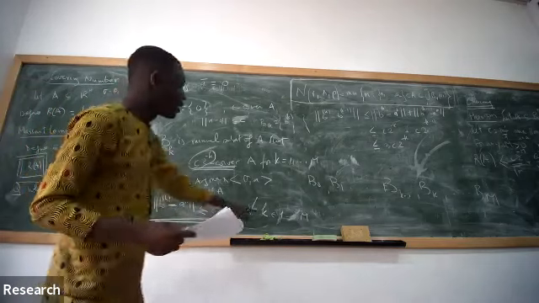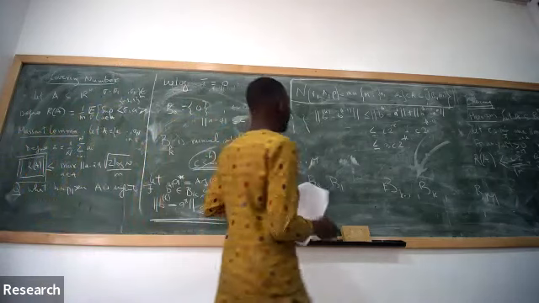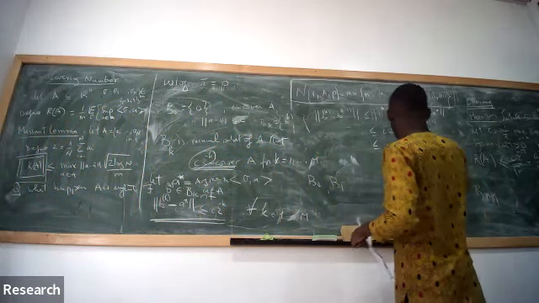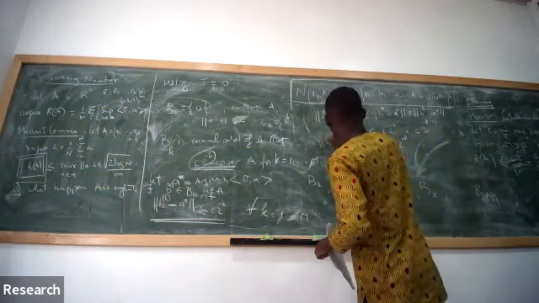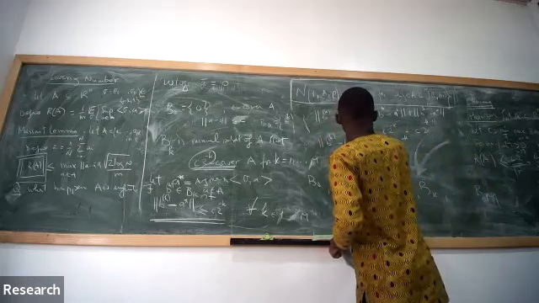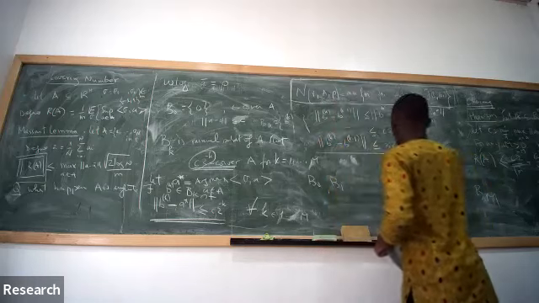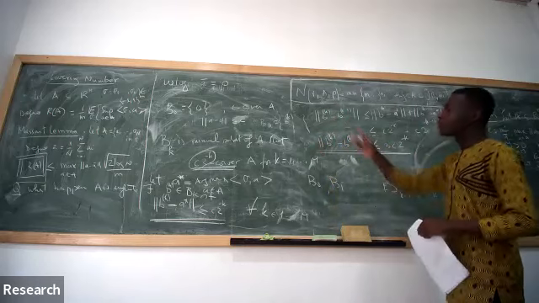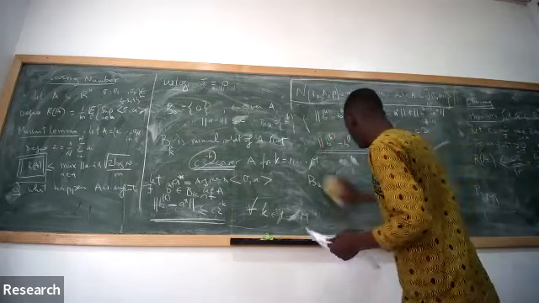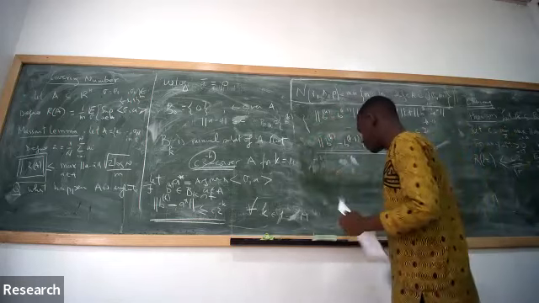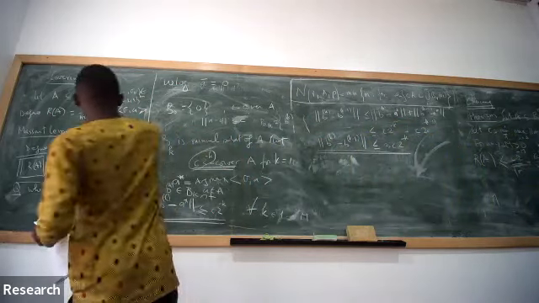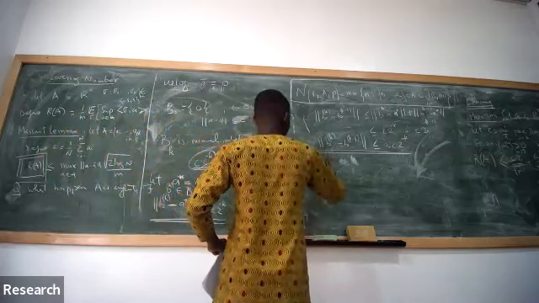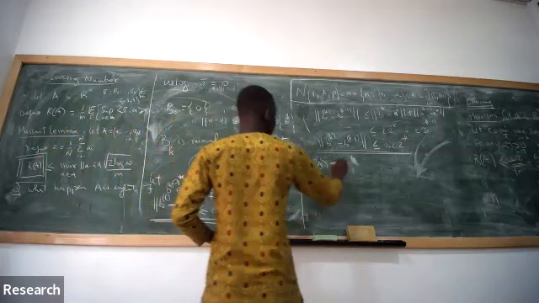Okay, so that's where I stopped. I managed to bound this. Why am I bounding this? We'll see later why this is needed. Now what we are dealing with is this: 1 over m.